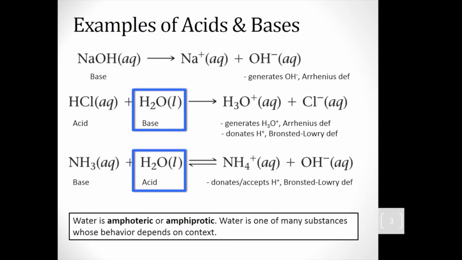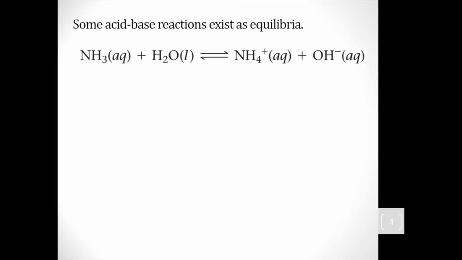We have seen this on the previous slide, but some acid-base reactions exist as equilibria. We'll talk about how to figure out when this happens in a little bit. If we're looking at this reaction, ammonia reacting with water in equilibrium with ammonium and hydroxide, in the forward reaction, going to the right, NH3 was the base and H2O was the acid.